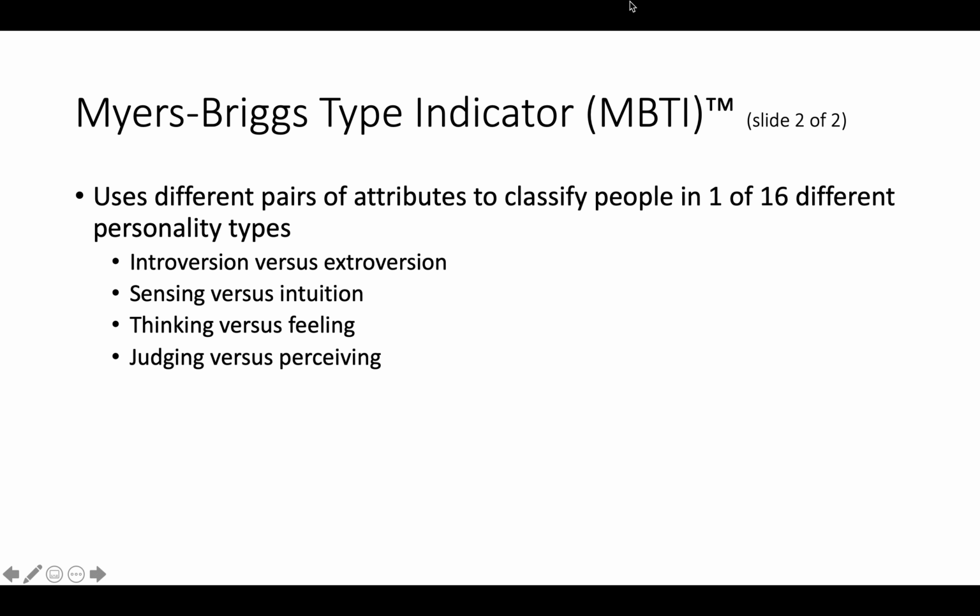The thinking person is more logical and analytical, whereas the feeling person, as we saw in the lower right-hand quadrant of the brain, has more of a desire to connect with people emotionally. Judging versus perceiving: the judging ones are making judgment calls, and perceiving is deriving information based on their perceptions.